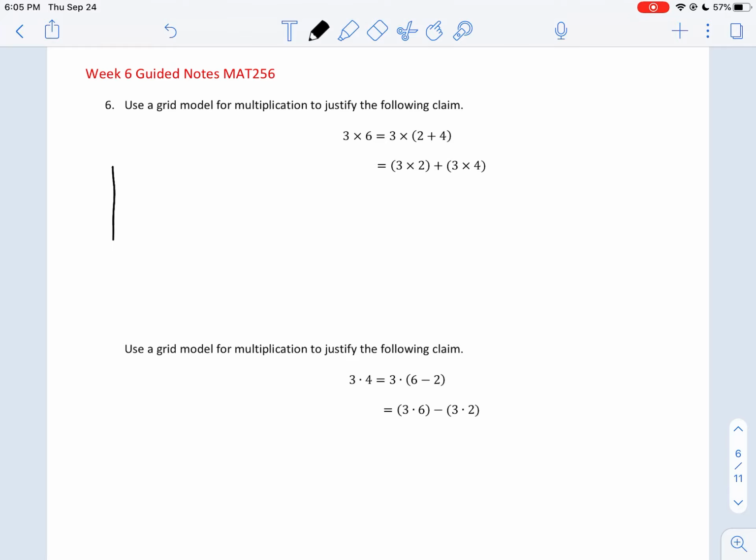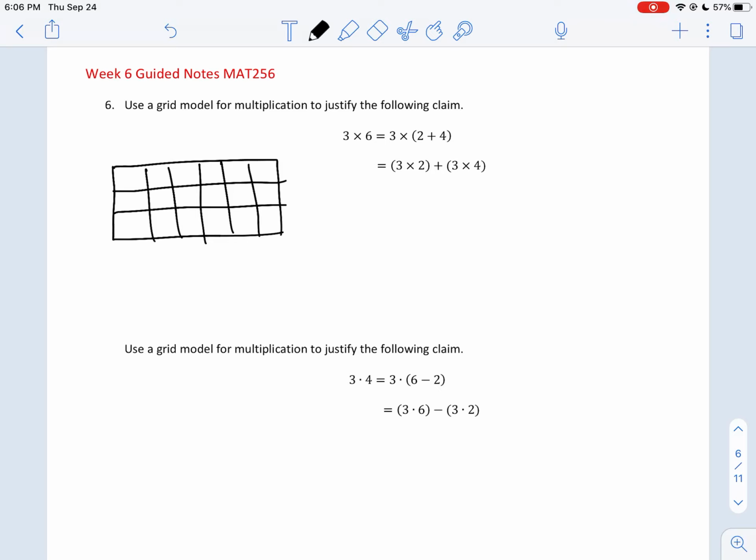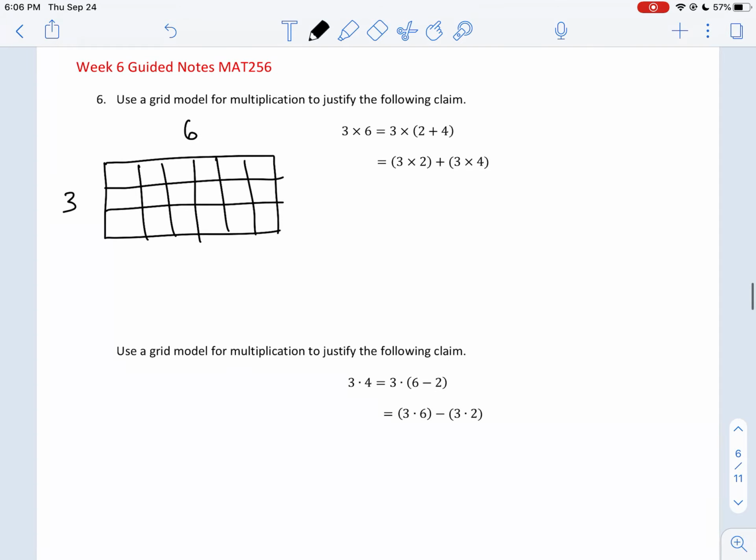I want 6 columns and 3 rows. Well, 6 can be decomposed into 2 and 4. And notice that we're going to get a total of 18 out of this. Right? We have 18 is the result of 3 times 6.